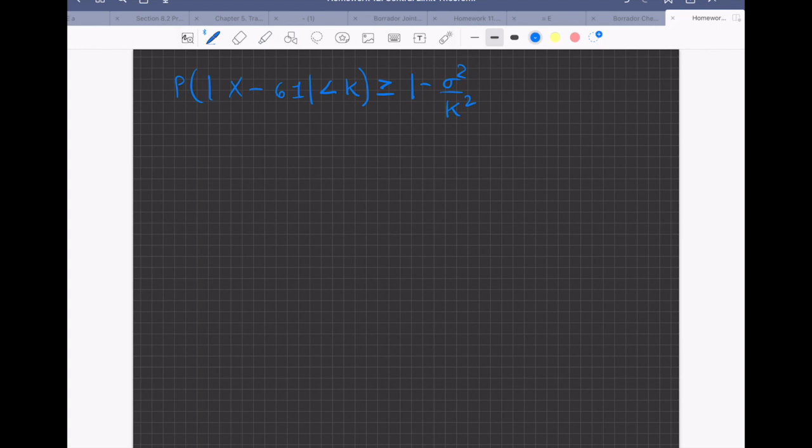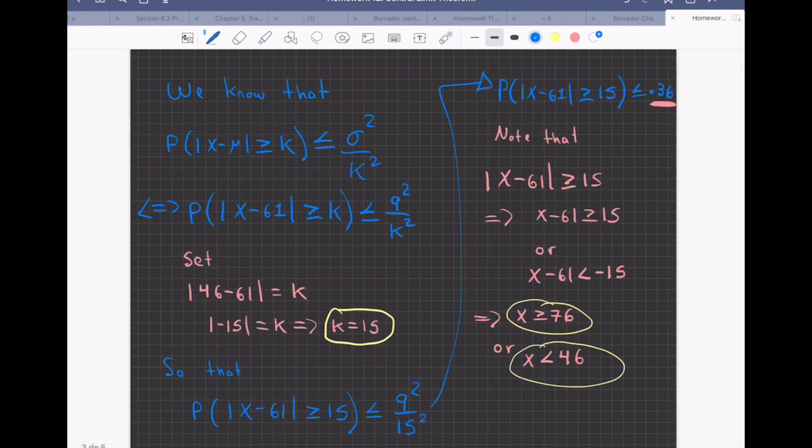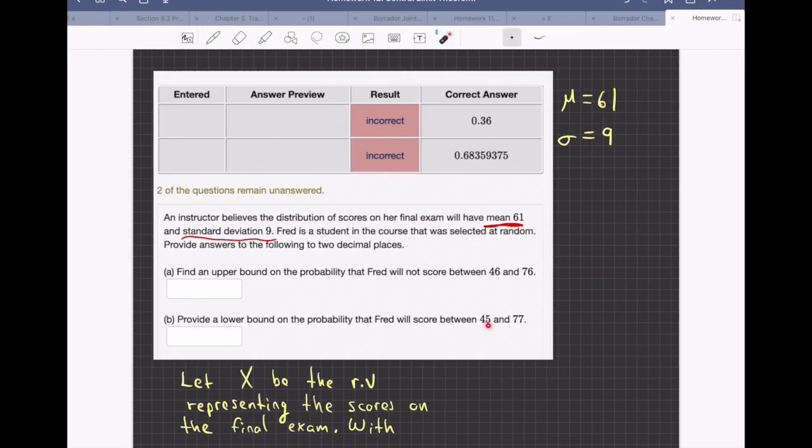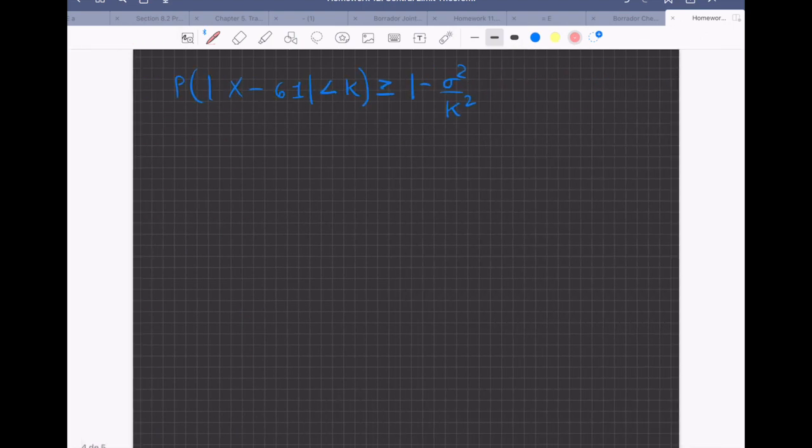So we have to do something similar here, but in this case we have to find k again, and we notice that we have different numbers. In this case we have 45 and 77. I'm sorry, let me put this is part A, and this one is part B. So repeat it. You have to do the same.